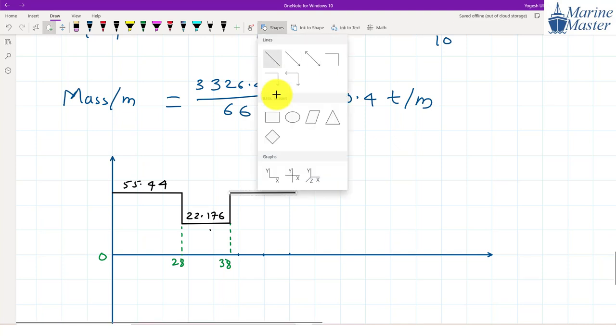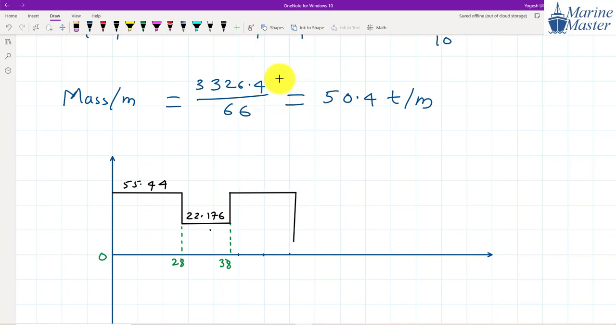See the scenario here, guys. So what will this be at the end? 66. Okay, getting my point? So again 55.44.